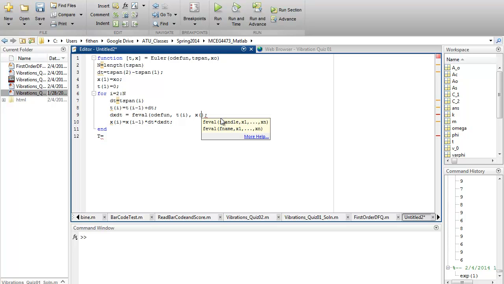Wait, I need to fix this. This is not correct. There. Now, I believe that, let's go ahead and put another n there. I believe that'll get us there.